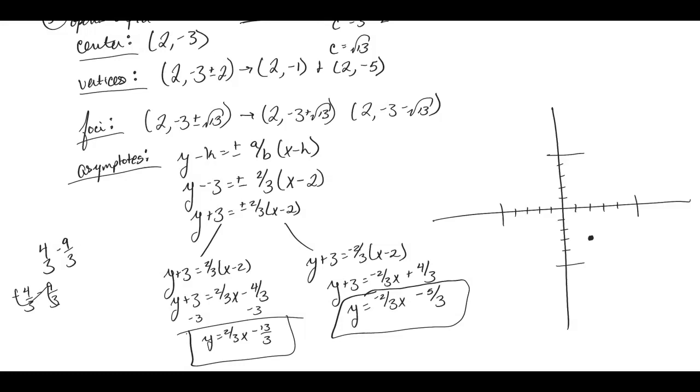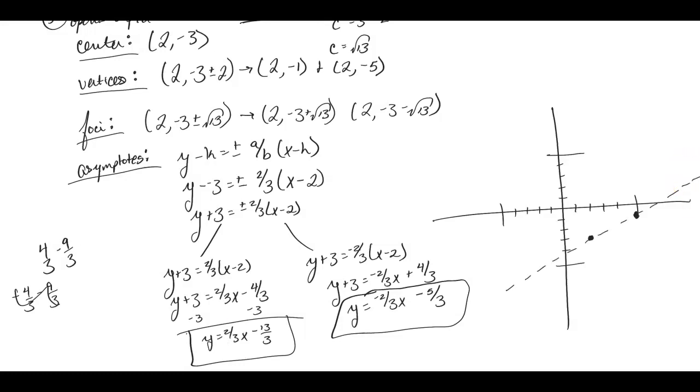And I'm actually going to cheat and find a better way to do this because we know something about these slopes and we know something about these asymptotes. The asymptotes have to pass through this point. I know one has a positive slope of 2/3. So if it has to go through this point and I need to graph it, I can just find another point that lives on that graph. And then I can connect those dots.